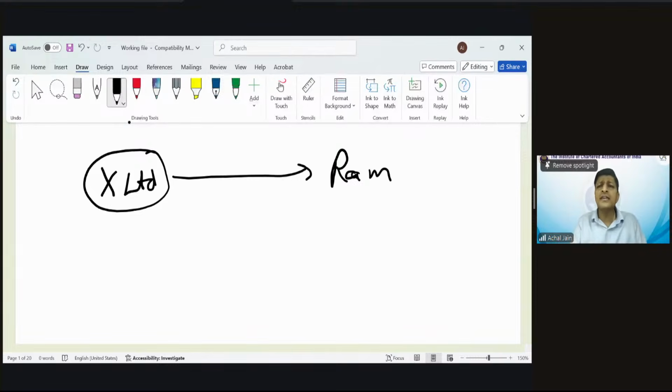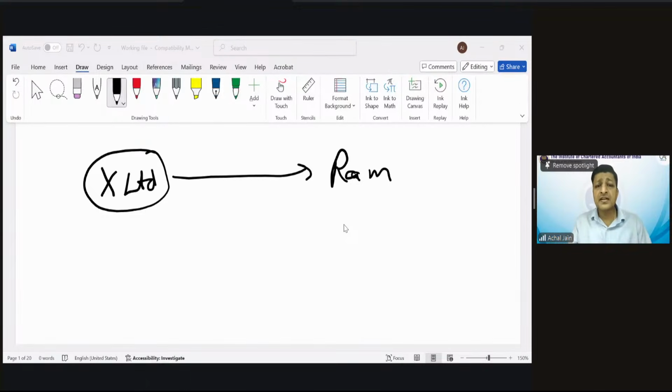Every now and then some work may come which Ram will be required to execute. So in this case, what would you call Ram? What do you think is the role being played by Ram in the given example? Over to you, everyone. Tell me quickly.